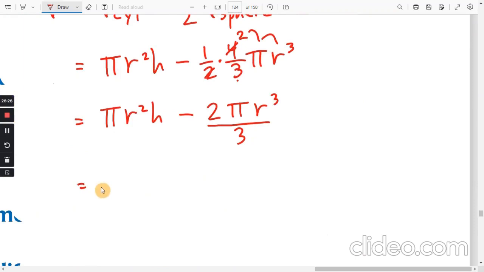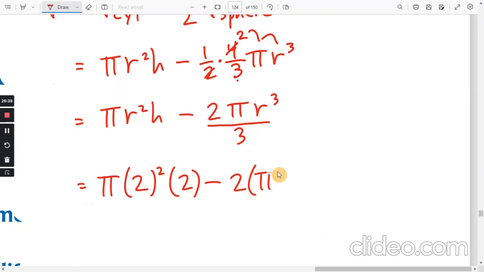Okay, I have pi. In place of r squared, that's going to be 2 squared. And in place of h, that's also going to be 2. Minus 2 times pi. r to the third is going to be 2 to the third. And that whole thing is divided by 3.